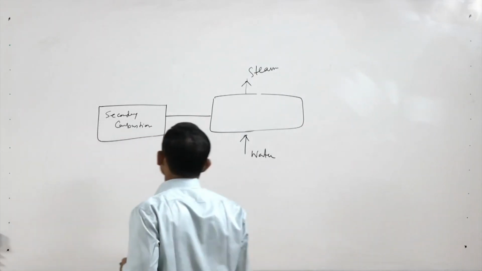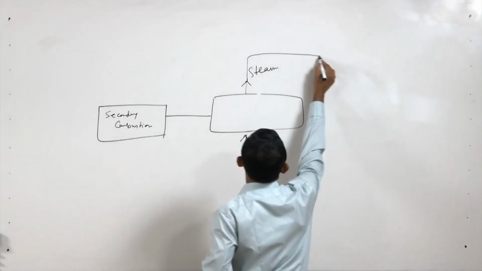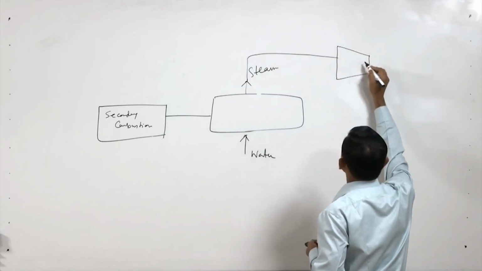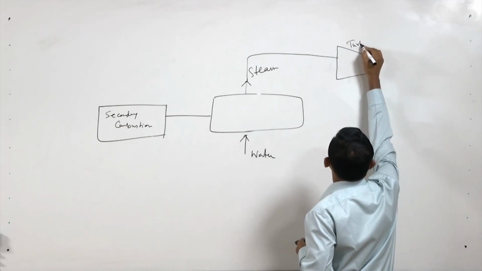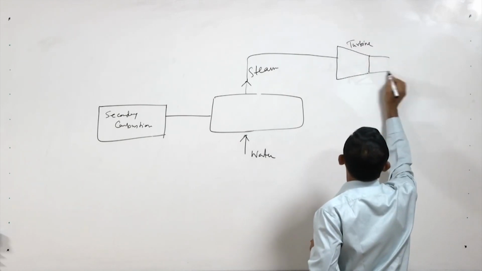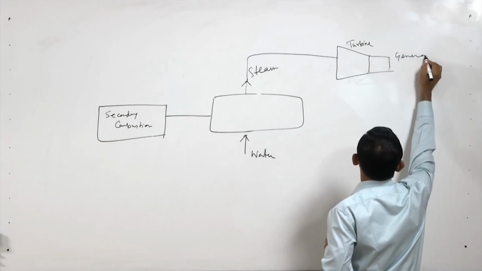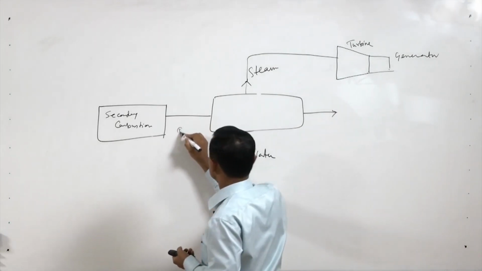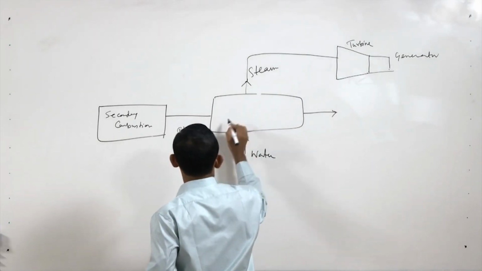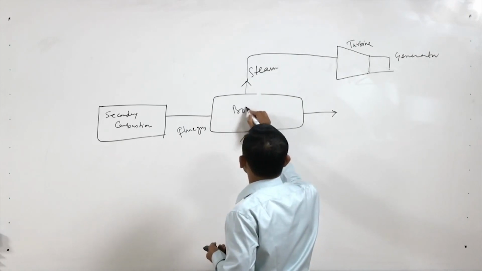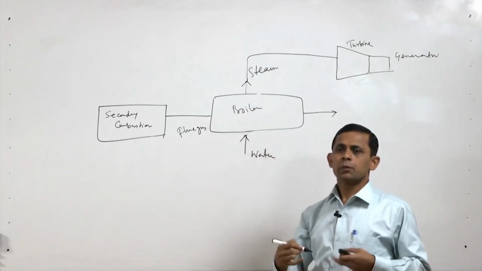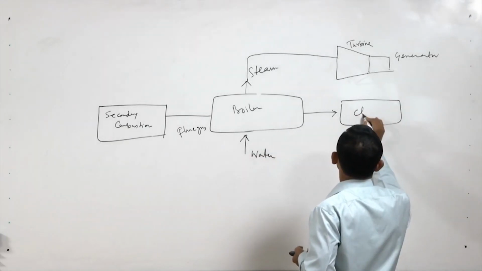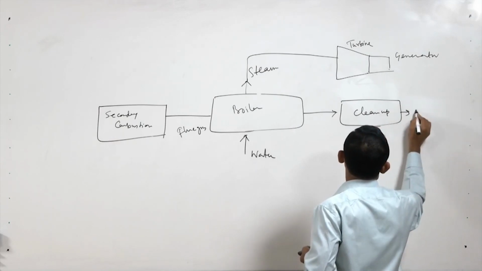and the steam will go to the turbine, that is the steam turbine along with the generator, and this flue gas, after heat recovery in the boiler, after the production of steam, will go for clean up, and to air.